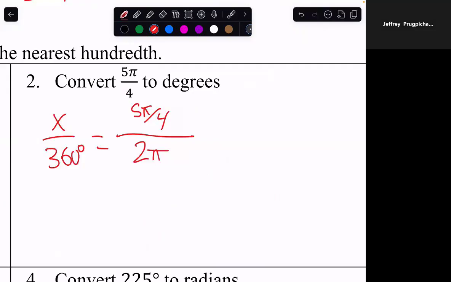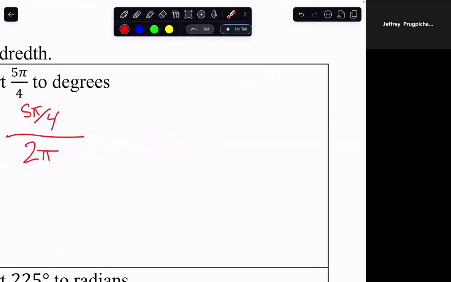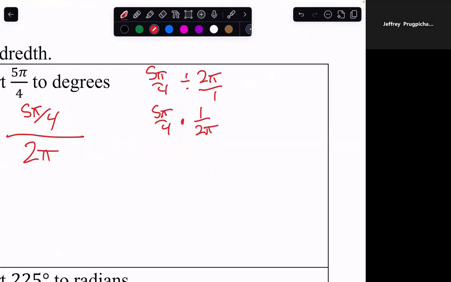Okay, so again, I would recommend simplifying the fraction within a fraction first. So let's just focus over here. 5 pi over 4 divided by 2 pi. You can write that sideways at first. 2 pi is 2 pi over 1. Then instead of dividing fractions, we typically multiply by the reciprocal of the second number.